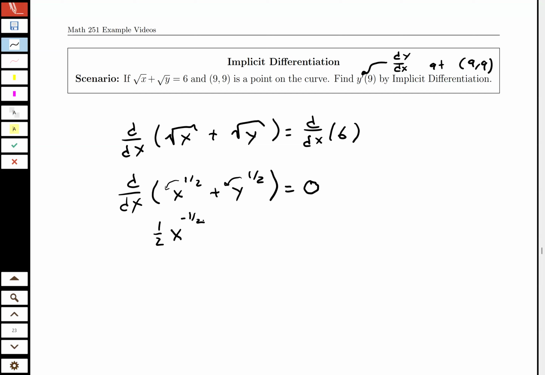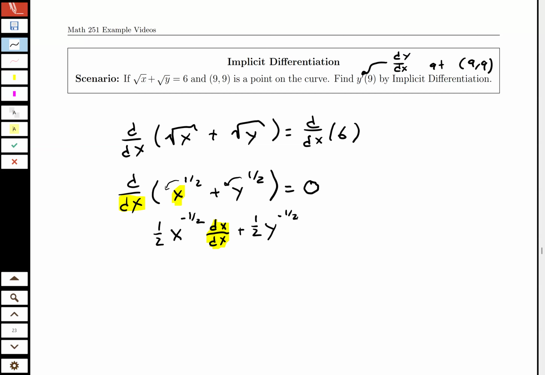And I'm going to pause here for a second because what I just did is I took the derivative of a function of x with respect to x. So I looked at the derivative with respect to x of something with x. I have this dx piece. Plus, let's take the derivative of this y piece. 1/2 comes down.